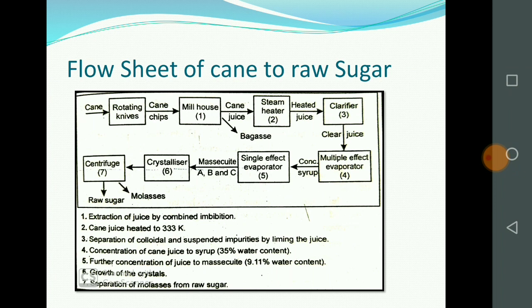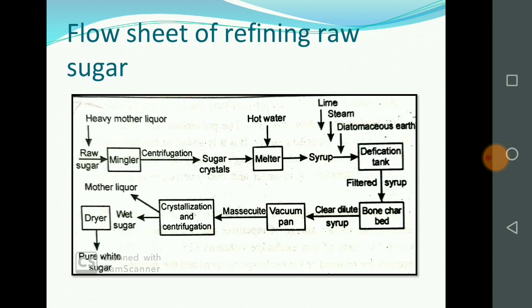Second, cane juice is heated to 333 Kelvin. Separation of colloidal and suspended impurities by liming the juice. Concentration of cane juice to syrup. Further concentration of juice to massecuite. Growth of the crystals. Separation of molasses from raw sugar.